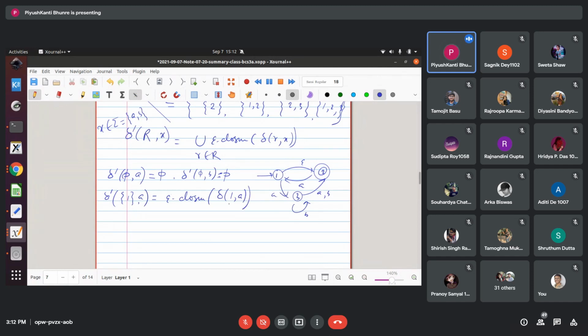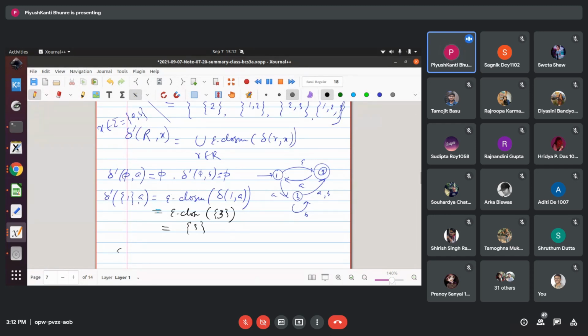Okay, so that means you are here. On receiving A, you go to 3. So this is epsilon closure of delta 1A, means after receiving A you go to 3, right? So it will be 3. So what is the epsilon closure of 3? Because there is no epsilon move from 3, it just remains the same thing.